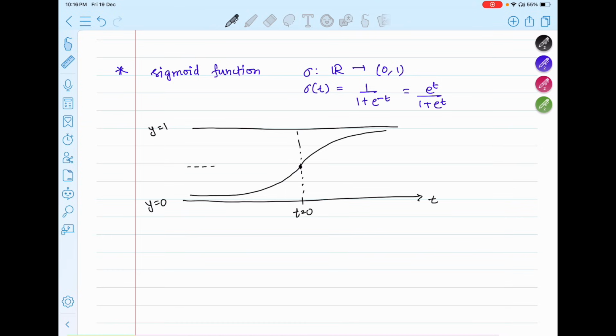The point corresponding to t = 0 is y = 1/2. And these are asymptotes. Asymptotes means they will never touch. They just get closer and closer, but they will never actually touch.